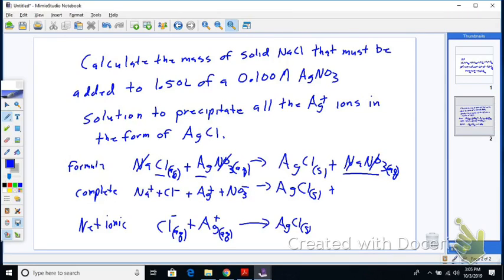So, let's look at the problem and see what it says and see what we need to do. What did they give you? And then what are they asking you for? So, I'm going to go ahead and copy this and erase some of it.